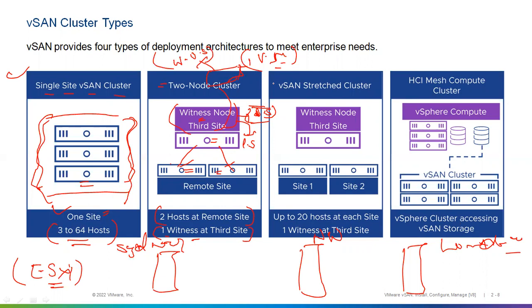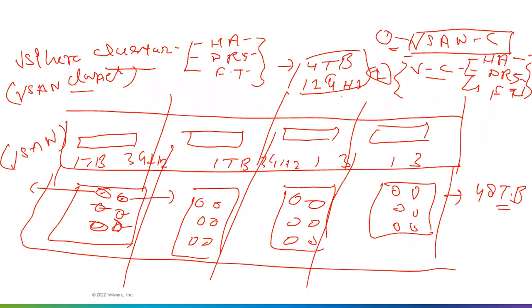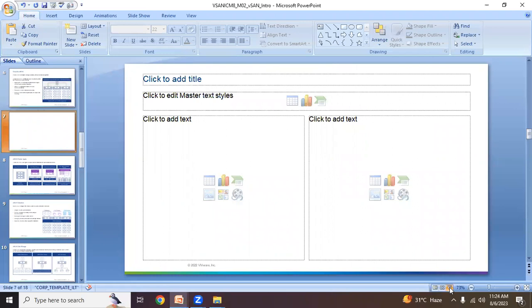Then another scenario is vSAN stretch cluster. In a vSAN stretch cluster, you have a particular region, and within that region, you have 2 nearby availability zones. The definition of availability zone is these are 2 nearby sites for the customer where they have good network bandwidth connectivity and all.